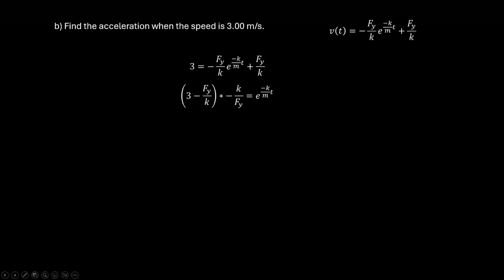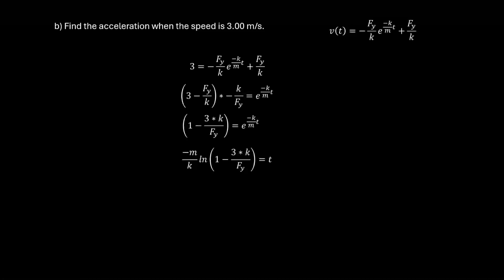I actually went ahead and distributed the negative k over F_y just to make our problem look a lot easier, because now you have a 1 minus 3k over F_y, and I have e to the this. Take the natural log, and once you take the natural log, you will have no e over here, so you just have negative k over m times t, and you just multiply the reciprocal once again, and you solve for your t.